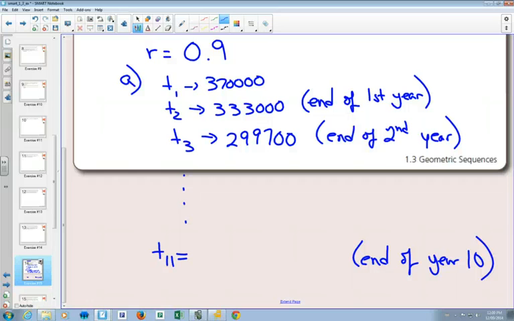So we do term 11. We know term 1 was 370,000. We know r value is 0.9. It'll be 11 minus 1. And we just plug this in. Approximately $129,000.